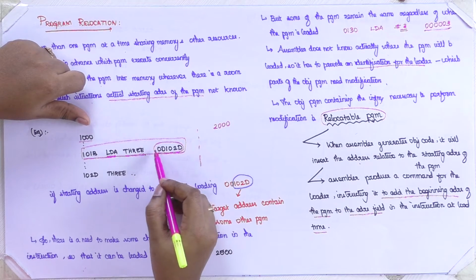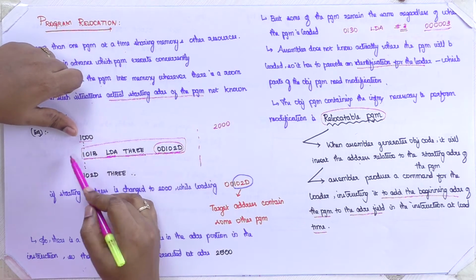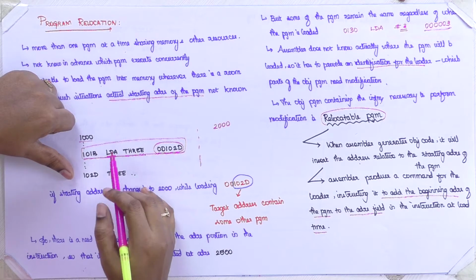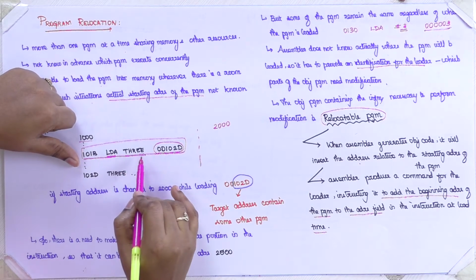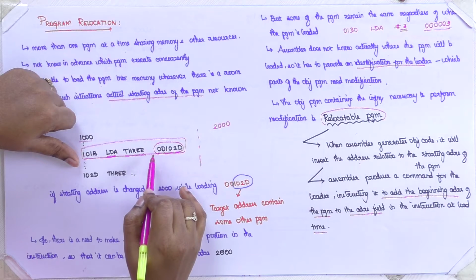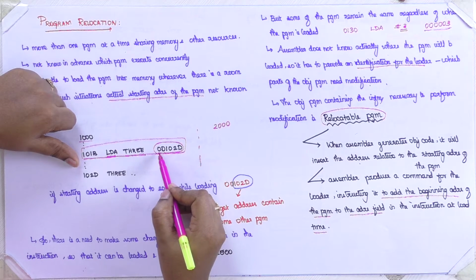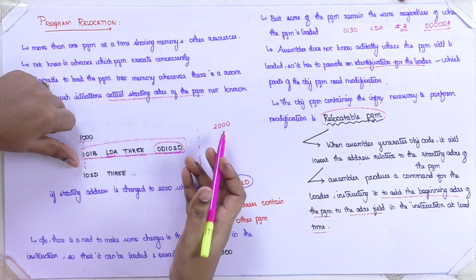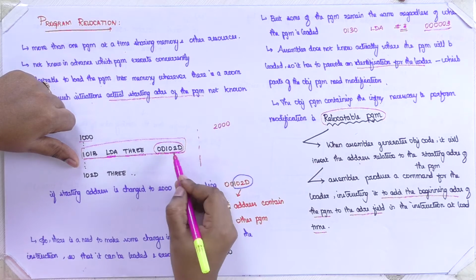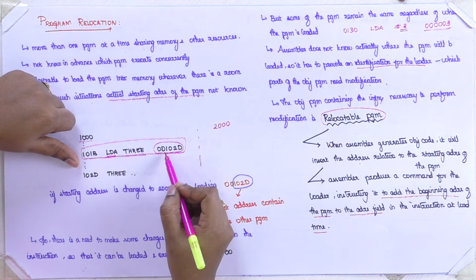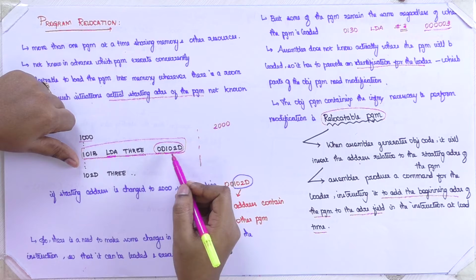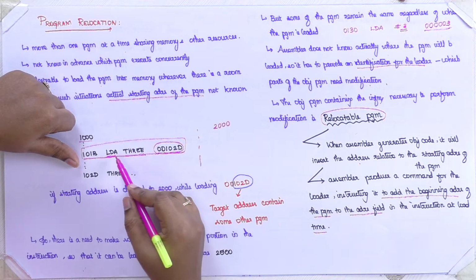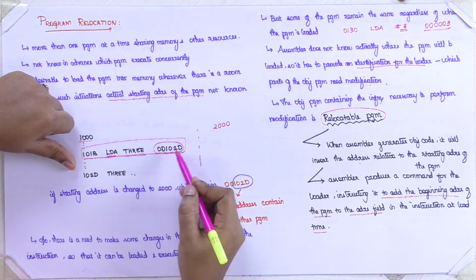So what the assembler will do is generate an object code depending upon the starting address. While loading, the assembler instructs the loader that for these instructions, the actual loading address has to be added so that it will be loaded at the correct location and the correct value for the operands will be fetched.